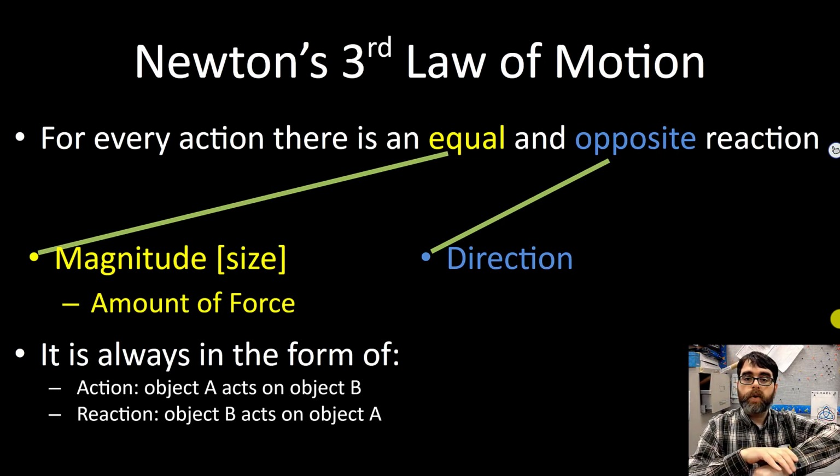Well, gravity pulling me down is the Earth and me, and the chair pushing up is the chair and me. So I have a pair of forces acting on me that happen to be equal and opposite, but they are not an action-reaction pair. Action-reaction pairs are always object A acts on object B, and object B acts in an equal size, opposite direction on object A.